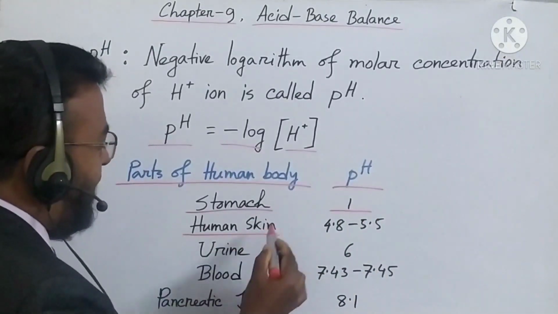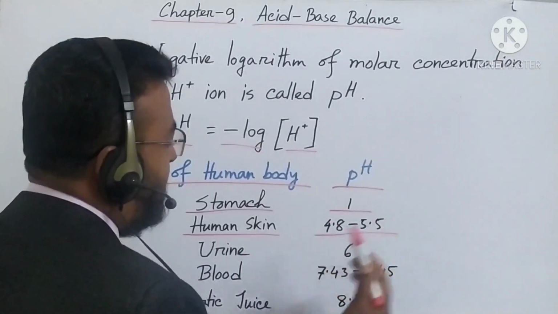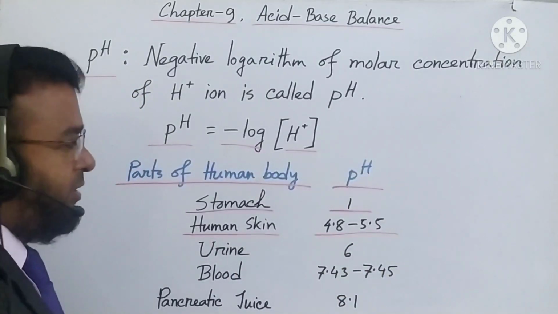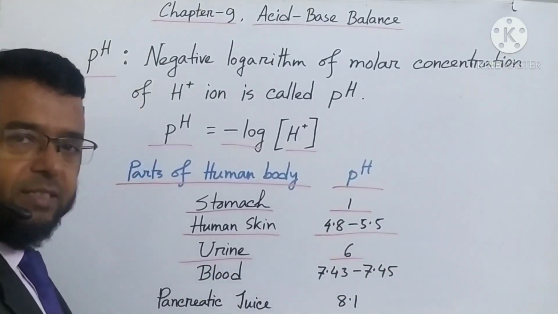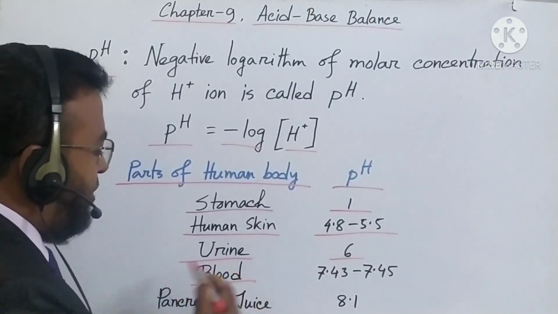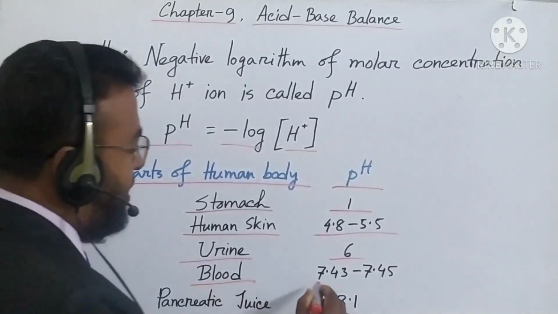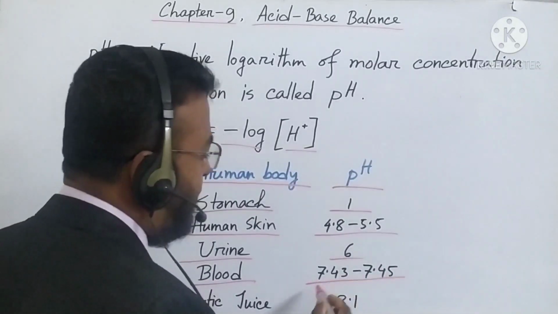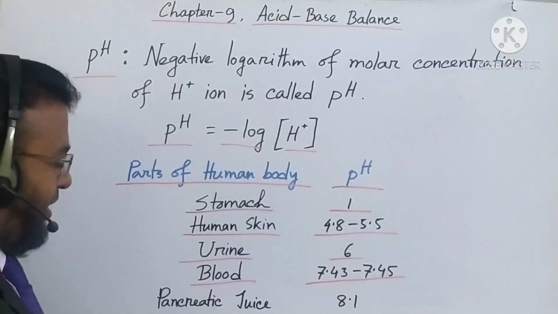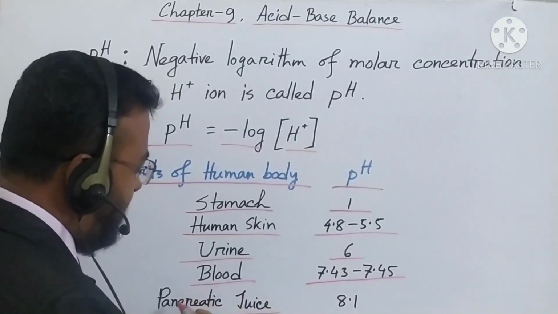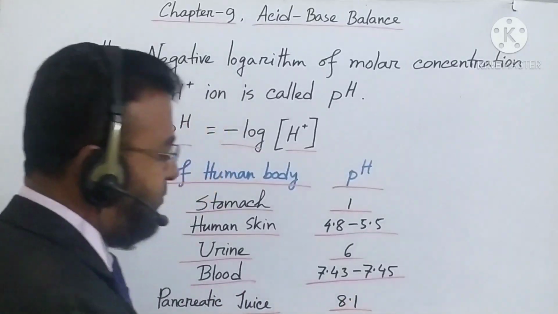Then human skin, pH is 4.8 to 5.5. Then urine, pH 6. Then blood, it is 7.43 to 7.45. Then pancreatic juice, here the pH is 8.1.